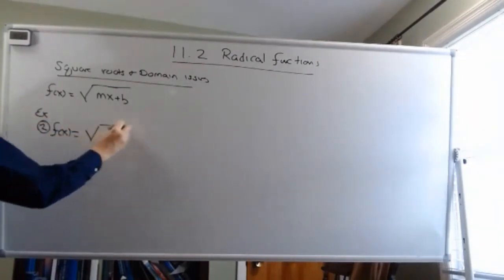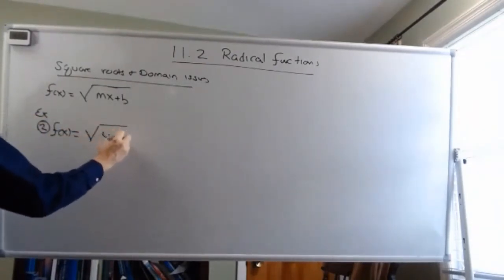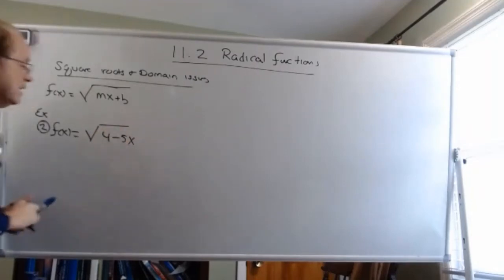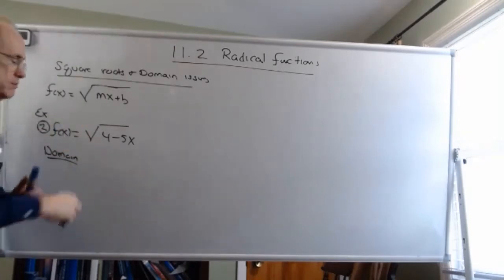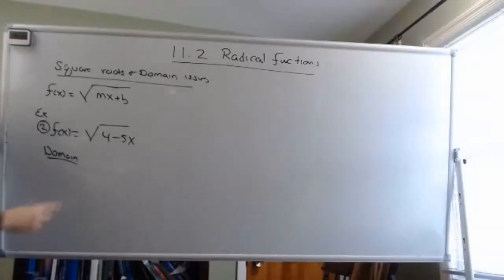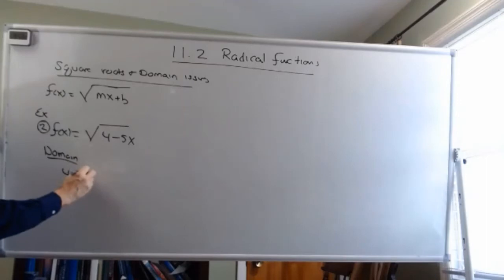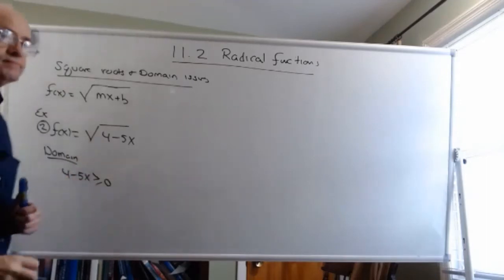The square root of 4 subtracting 5x. Again, we want to address the domain right away. It's a square root. It doesn't matter with the cube root. Cube root, domain, and range is all real numbers. So what do I have? I have to make sure that what's under the radicand is, again, strictly positive.